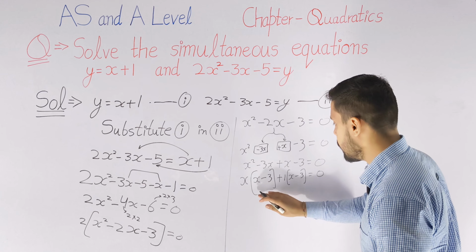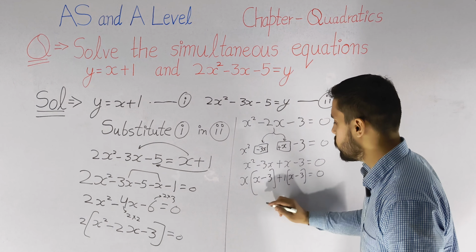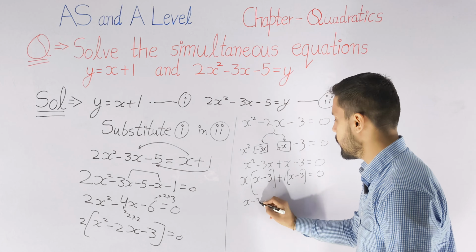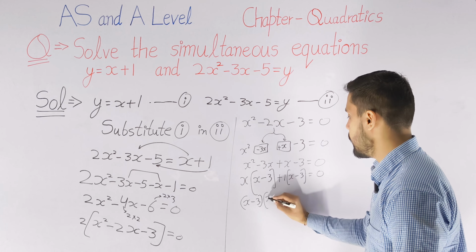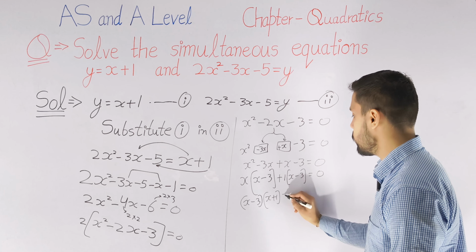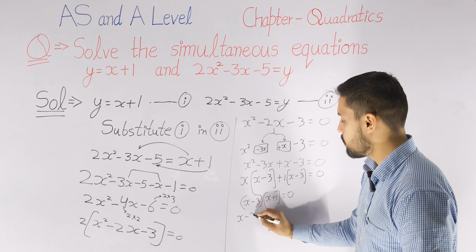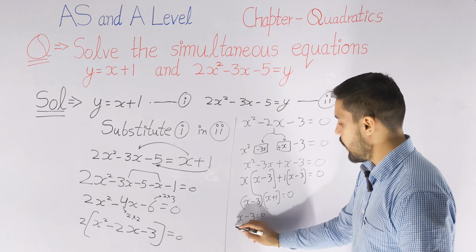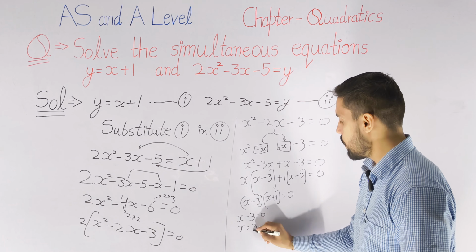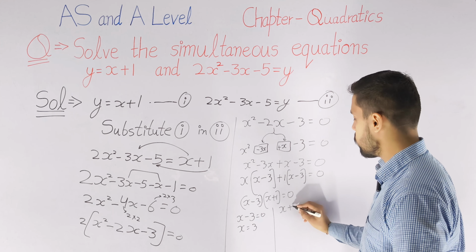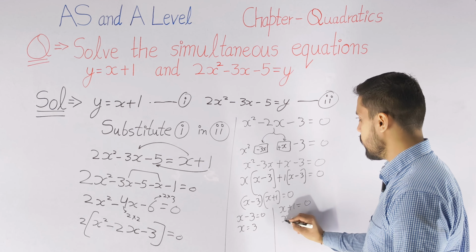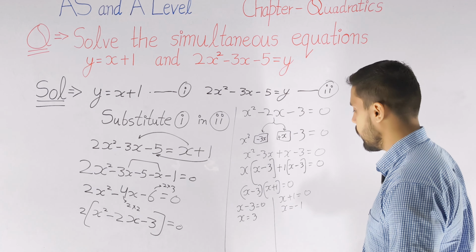Here we will take x minus 3 common from these two terms, and we are left with x plus 1 is equal to 0. Now we will solve these two values: x minus 3 is equal to 0, and we will get x is equal to 3, and x plus 1 is equal to 0, and we will get x is equal to minus 1.